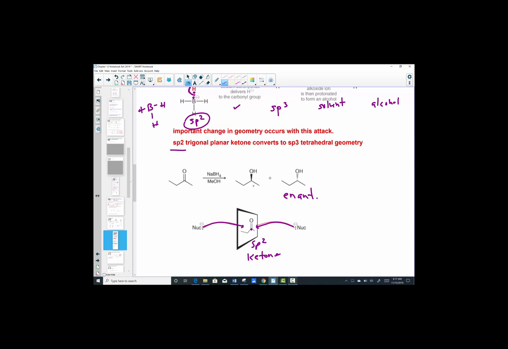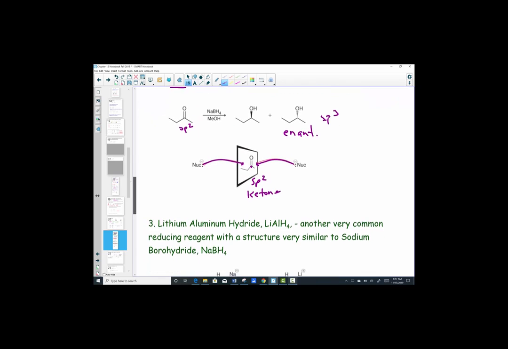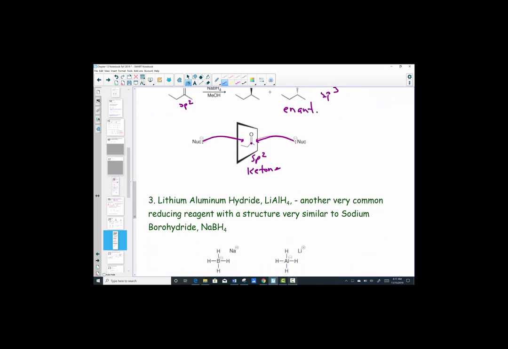So we could have the alcohol end as a dash or as a wedge in the enantiomer. So starting with sp2 and ending with an sp3, notice that you'll have both dashes and wedges form with this particular mechanism. So as we create those products, you have to consider the chirality center.